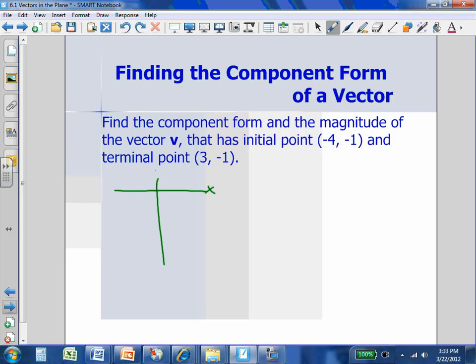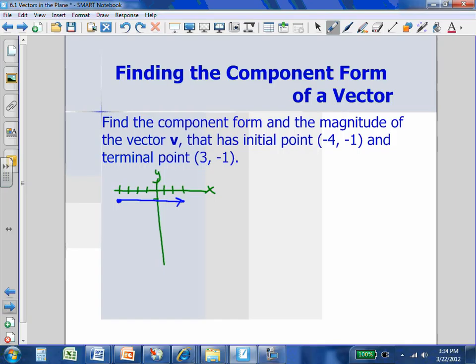So this is my x, this is my y, and it's starting at -4, -1, and it's going out to 3, -1. So it starts there and it ends at 3, -1. Oh, it's completely horizontal, it has no vertical. Notice that.